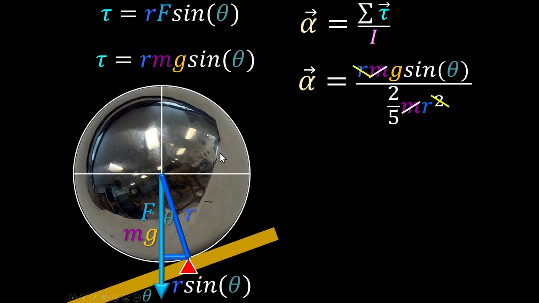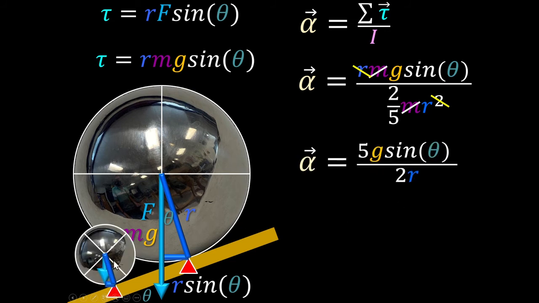That a large object and a small object are going to accelerate at the same rate regardless of how much mass it had. And one of the r's on top is going to cancel out with one of the r's on the bottom. So again, a small sphere here and a large sphere here is going to have the same angular acceleration regardless of mass.